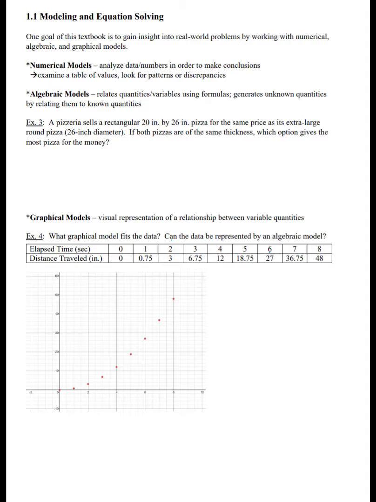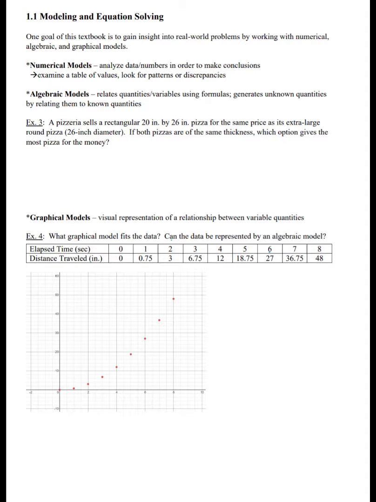So we're looking at two different types or shapes of pizza, we should say. So first we have a rectangular pizza, 20 inches by 26 inches. It's the same price as an extra large round, which is a 26-inch diameter. So if they're the same thickness and same price, we want to figure out, well, one size might give you slightly more pizza than the other, or one shape.